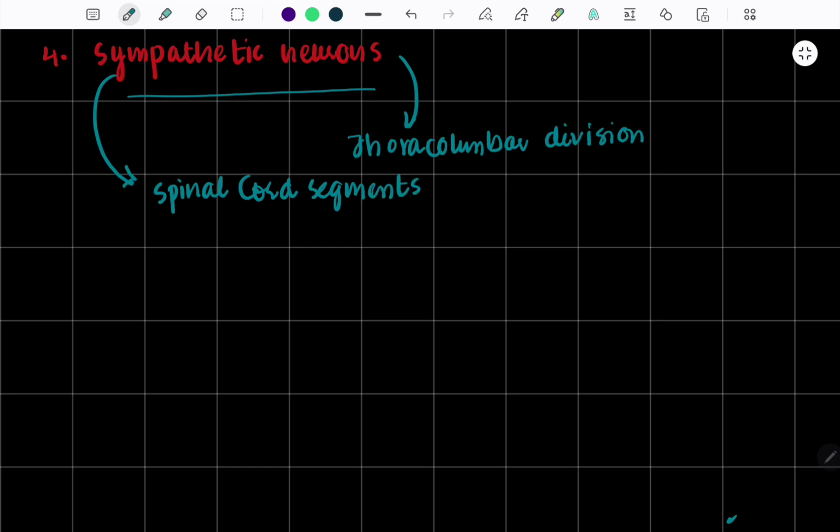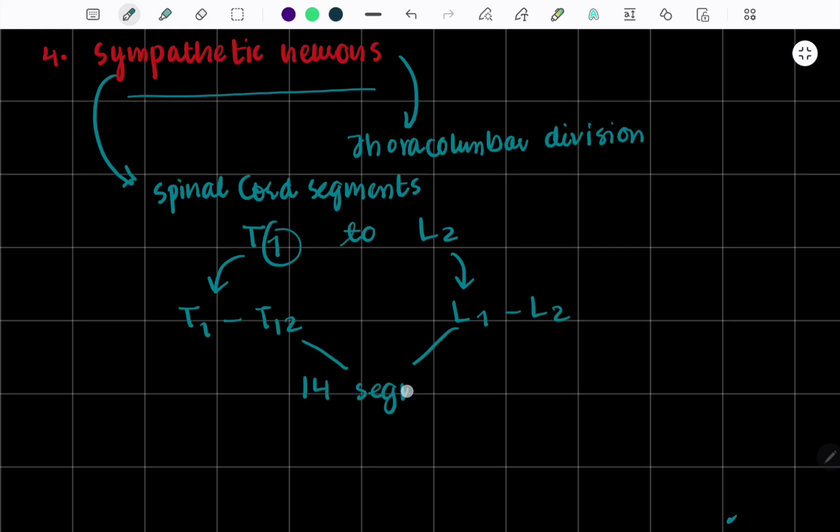You have to remember that these neurons originate from the thoracic region, from the first segment of the thoracic region to the second segment of the lumbar region, which means that if the thoracic region has T1 to T12 segments and the lumbar region has L1 to L2 segments, then they originate from the 14 segments of the spinal cord.